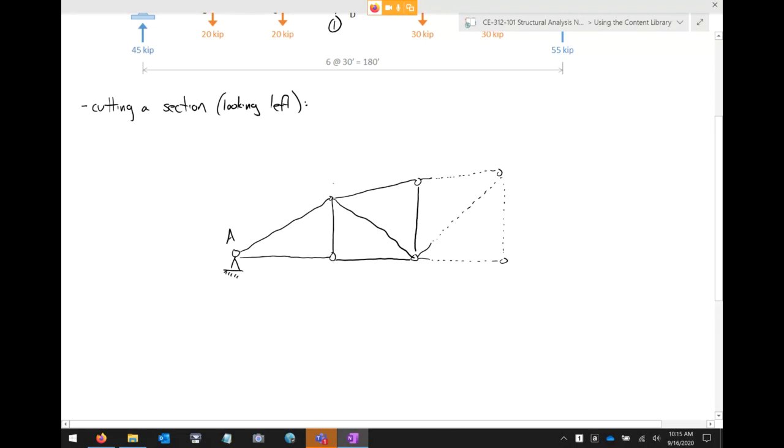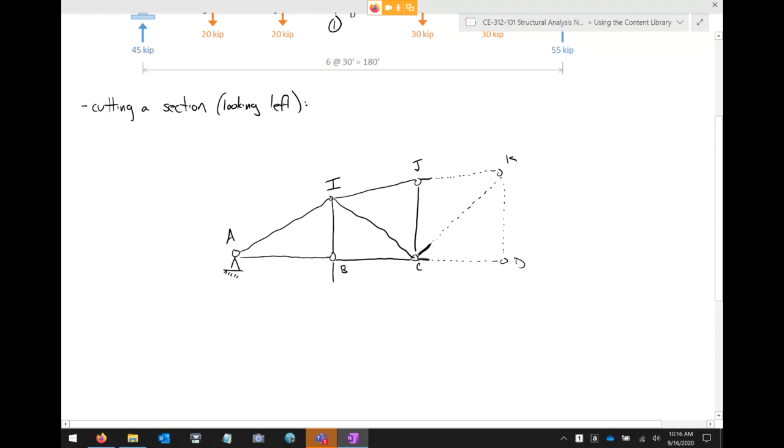So this was point A, this was joint I, this was joint J, and then off out here that was joint K. This is joint B, this is joint C. Those are the three members I'm solving for, and this is joint D. Okay.